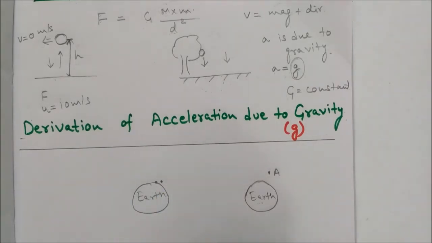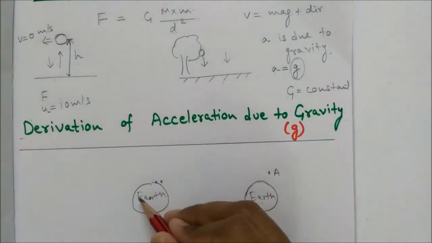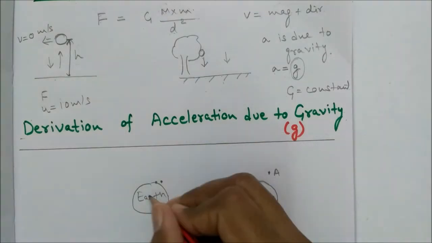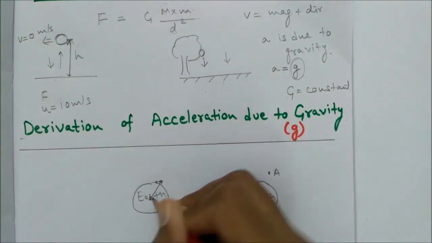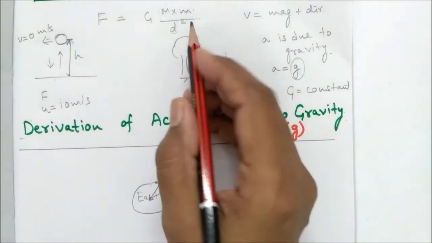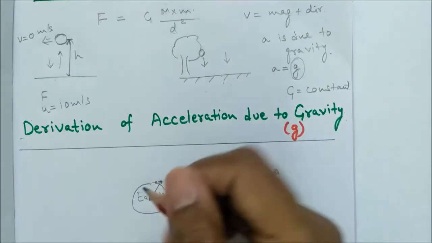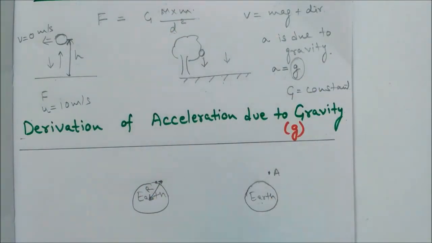So the distance between earth and the object would be what? It will be taken from the core of the earth, so it will be calculated like this. So the distance between two objects I take as d, isn't it? Here d will be the radius of the earth.